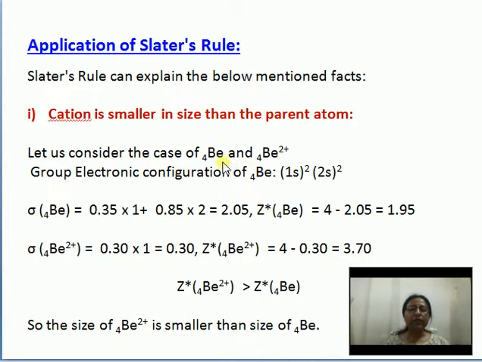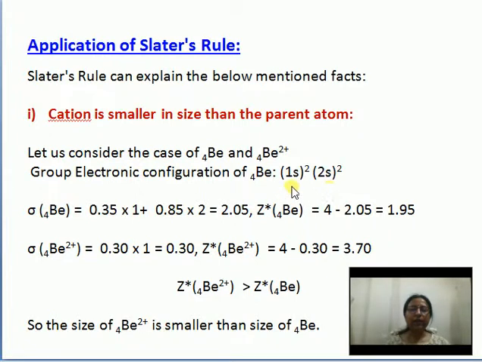So let us consider beryllium and beryllium 2+. For beryllium, the electronic configuration is 1s2 2s2, and the group electronic configuration will be 1s2 and 2s2. Now for calculating sigma, I have written here, you can see 0.35 into 1. That means the contribution from this part will be 0.35 into 1.